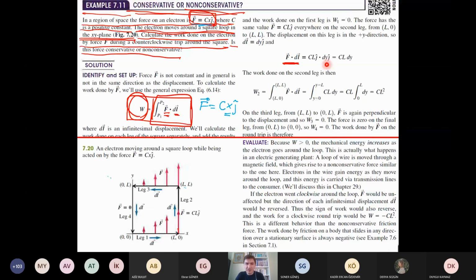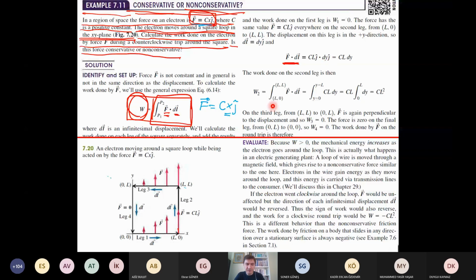So here we have the j unit vector dotted with another j unit vector, which is 1. Finally, F·dl will be equal to C times L times dy. The work done by this force along leg 2 can be written using this expression. This is W2, the work done on the second leg by this applied force, equal to the integral from the initial position, which is this one along this path. I'm dealing with leg 2.